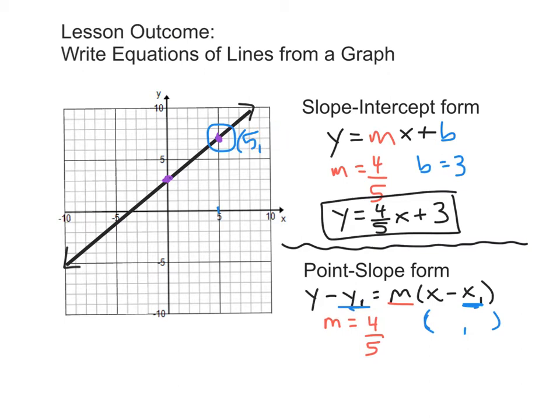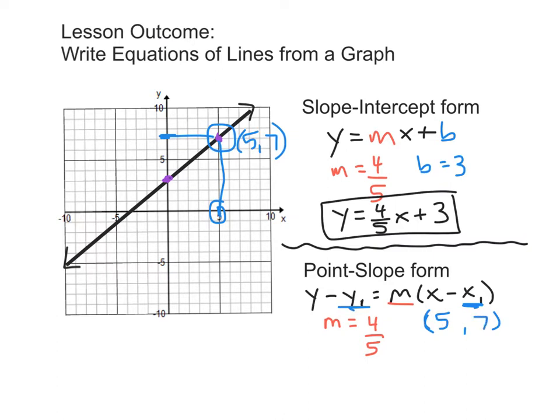It is 5, 7. So right here is 7 on the y-axis. So 5 on the x-axis right here meets up with 7 on the y-axis right here to give us that point 5, 7. So our point 5, 7 tells us that our x1 is 5 and our y1 is 7.